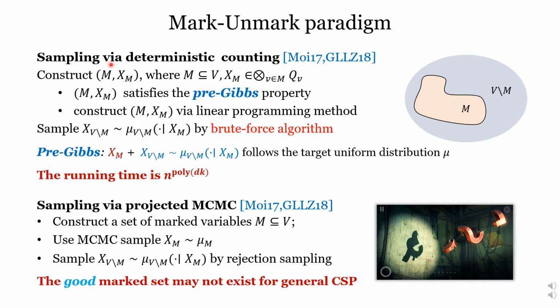There are mainly two different approaches. The first approach is sampling via deterministic counting.